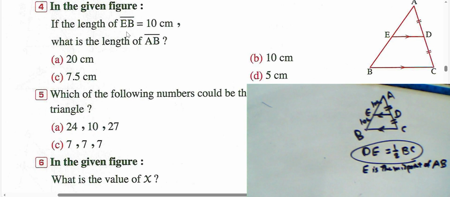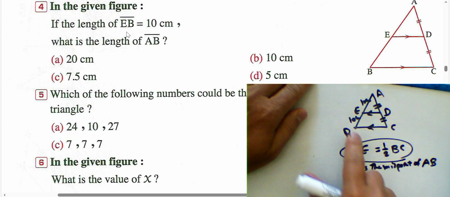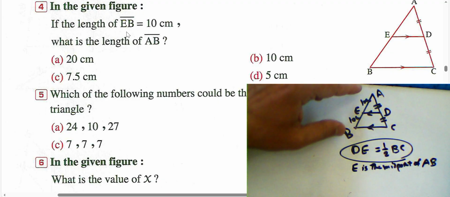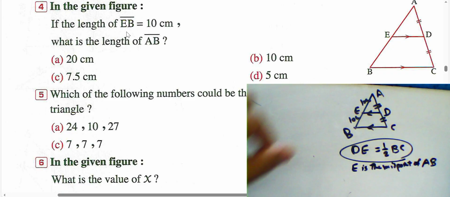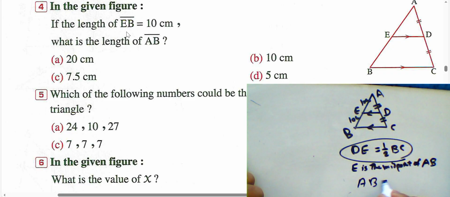Okay, midpoint of AB. Okay, then AB will be twice of EB. It will be 20 centimeter. Then EB equal 20 centimeter, okay, because the line segment E was 10, then EE also 10.